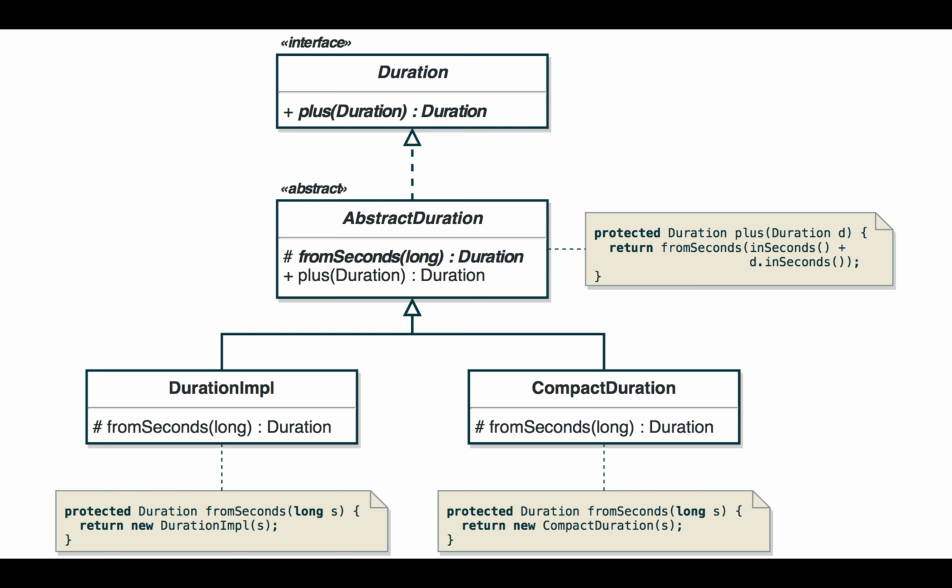So basically we're delegating it to the compiler. The compiler will decide which one to use, depending on the correct type that you pass in the plus. If you pass in a DurationImpl, then it'll use this one, whereas if you pass in a CompactDuration, fromSeconds will use this implementation.